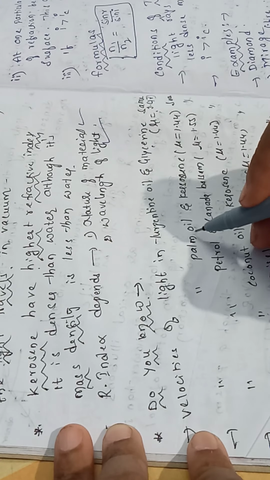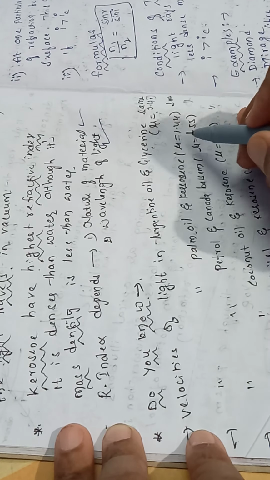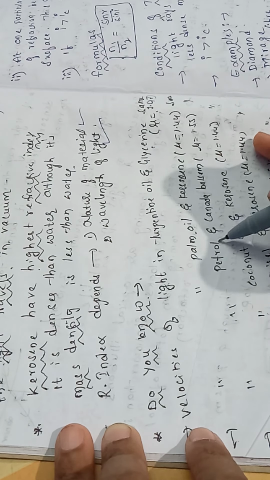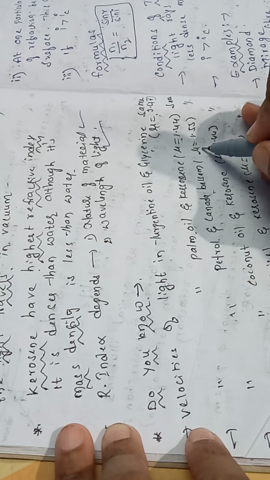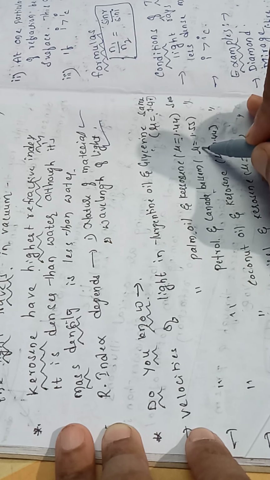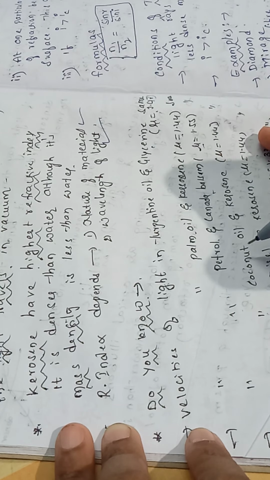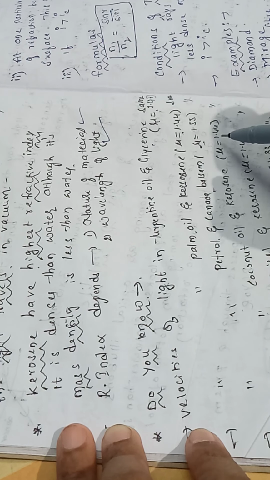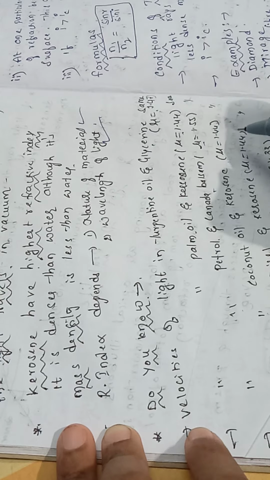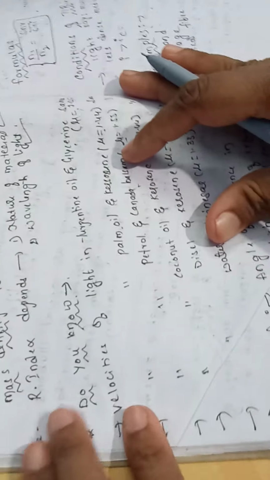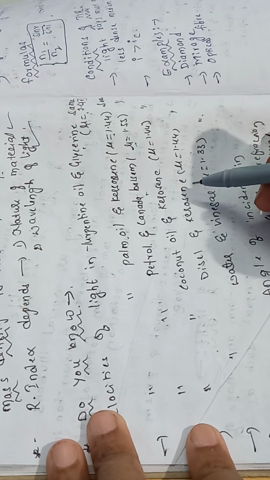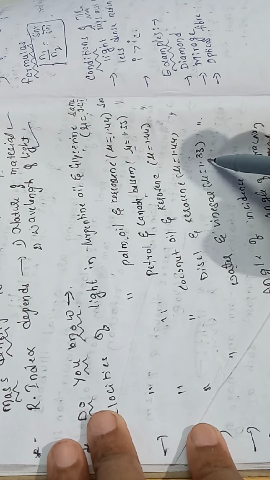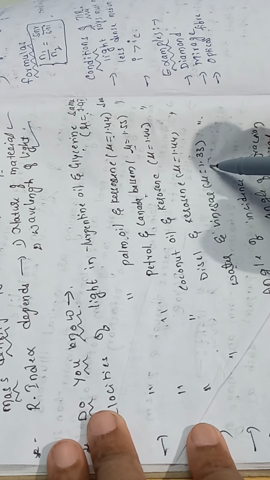The velocity of light in palm oil and kerosene will be the same, because the refractive index for both is 1.44. The velocity of light in petrol and Canada balsam is the same, because the refractive index for both is 1.55. The velocity of light in coconut oil and kerosene will be the same, because their refractive indices are 1.44. Similarly, the velocity of light in diesel and kerosene, and in water and vinegar will be the same, because the refractive index for water and vinegar is 1.33.